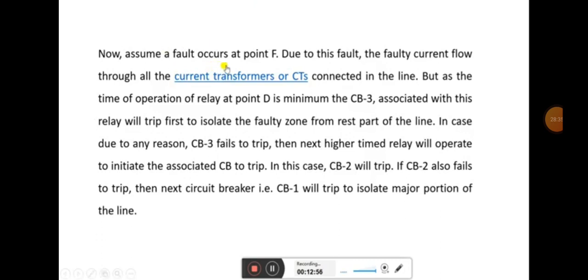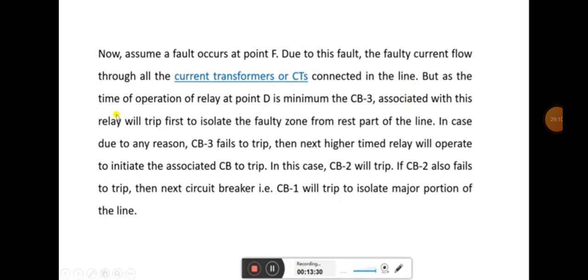Now assume a fault occurs at point F. Due to this fault, the fault current flows through all the current transformers, or CTs, connected in the line. Since all these CBs are connected in series with the line and the fault point is at the farthest distance from the source, the source current will flow through all the circuit breakers because they are all in series.